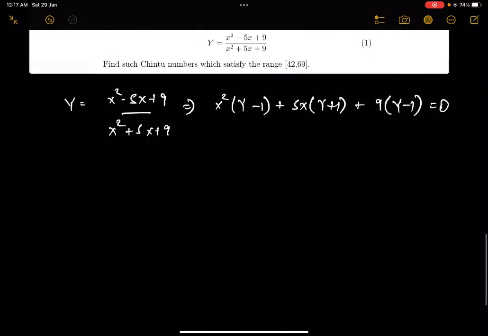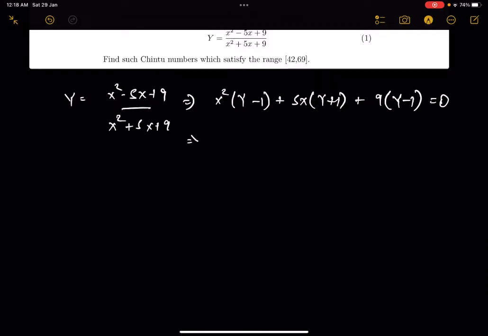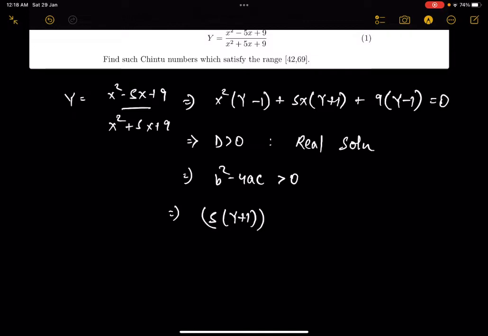It's a simple quadratic equation in variable x. So here D will obviously be greater than or equal to 0, as this equation gives real solution. Here we have b square minus 4ac, that will be greater than 0, and that will be 5 times y plus 1 whole square minus 4 times y minus 1 square.